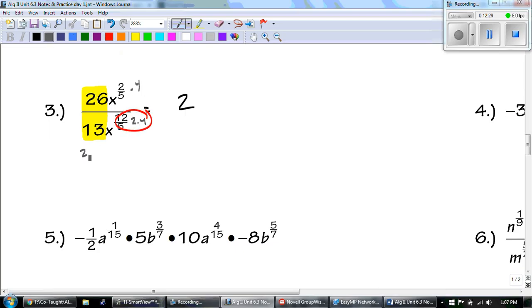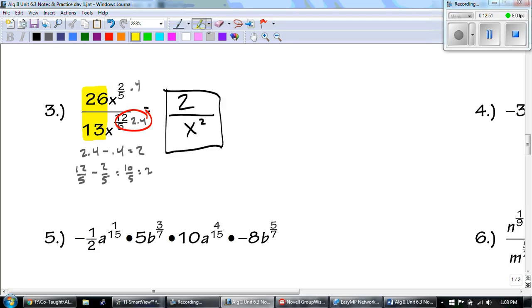So you can either do 2.4 minus 0.4, which gives you 2, or 12 over 5 minus 2 over 5, which is 10 over 5, and 10 divided by 5 is 2. Either way, the bottom wins, and the bottom wins by 2. So just make sure you're putting that x in the correct spot.